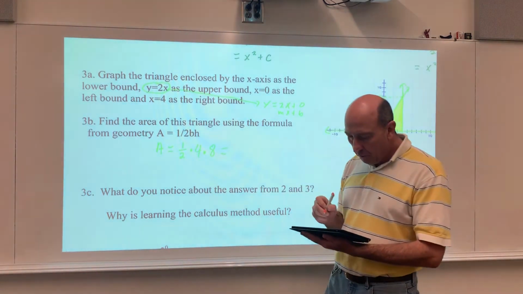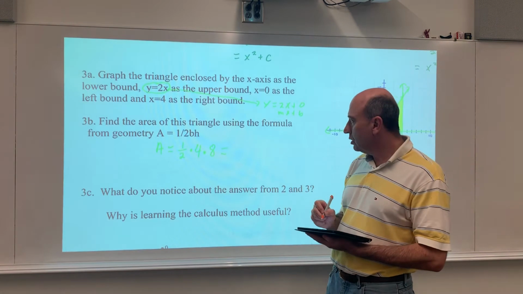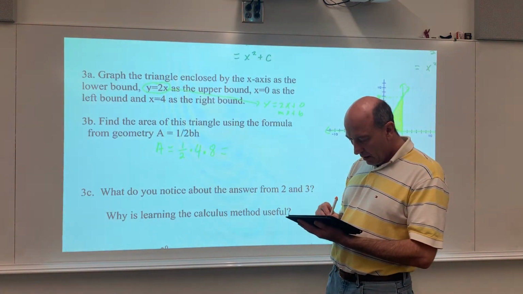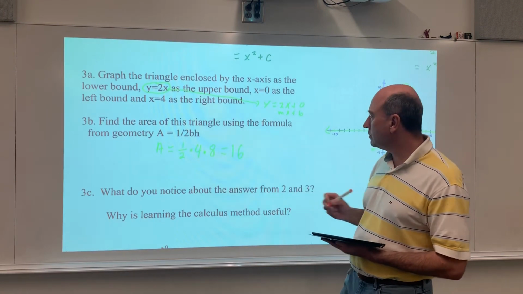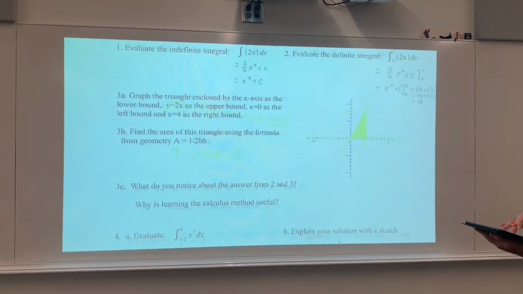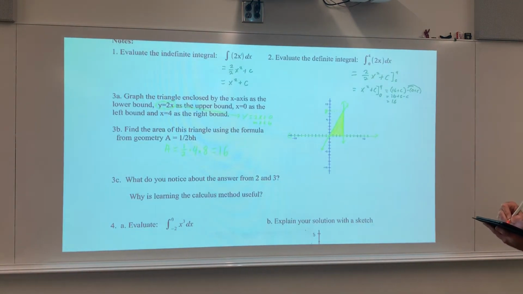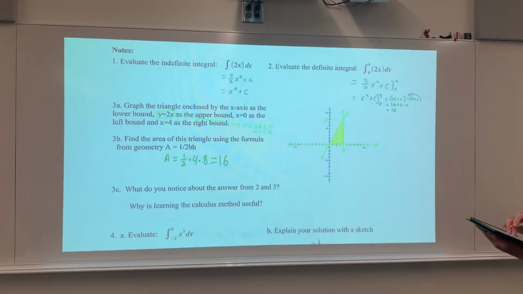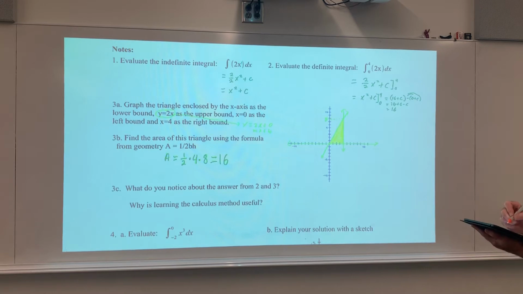So half of 4 is 2 times 8 is 16. Can you see that? Is that dark enough? So the area is 1/2 times 4 times 8, which is 16.